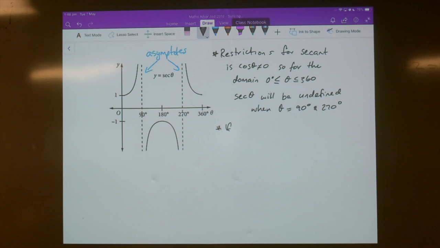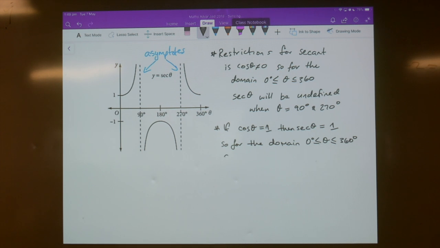Alright, if cos theta equals 1, what will sec theta equal? 1. Pretty simple, isn't it? Alright, so for the domain 0 to 360, for that particular domain, sec theta equals 1 when theta equals what?